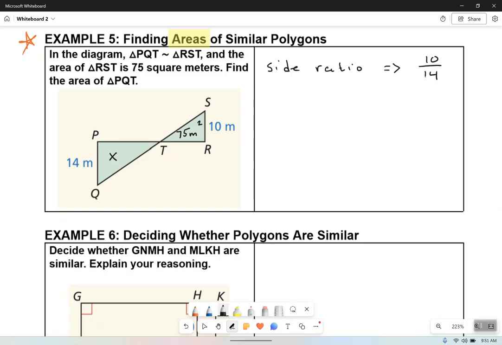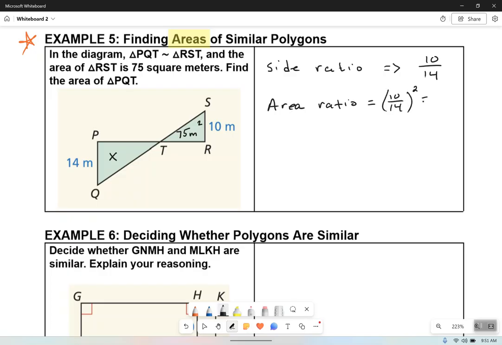What are we looking for? If I'm looking for an area, we're going to have an area ratio. And the area ratio is simply the side ratio to what power, kids? Second power. So here's what I'm going to say here, kids. I'm going to say, well, from a side ratio, we can get an area ratio. And that would simply equal 10 over 14 to what power, kids?